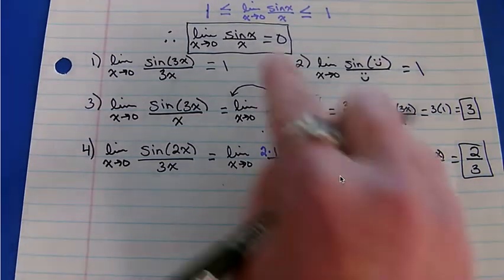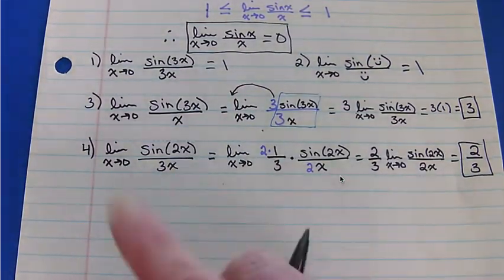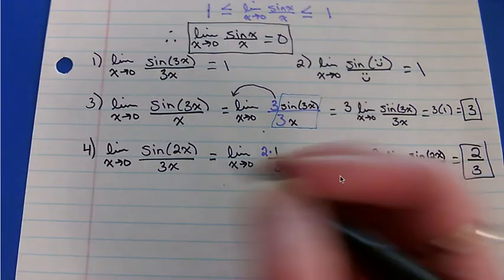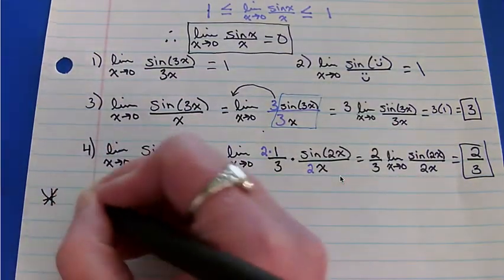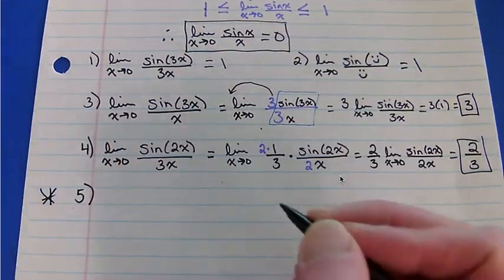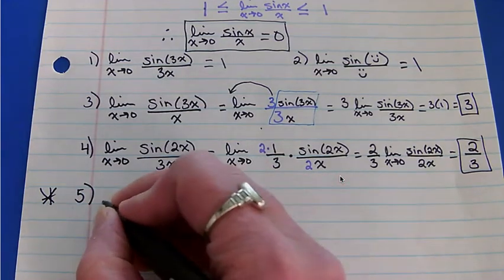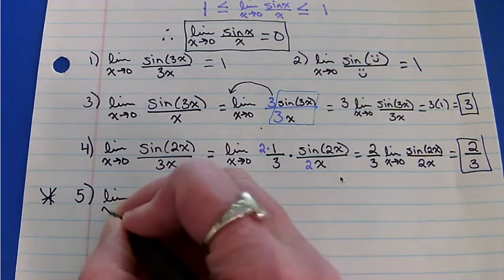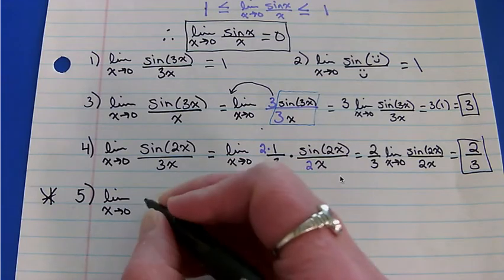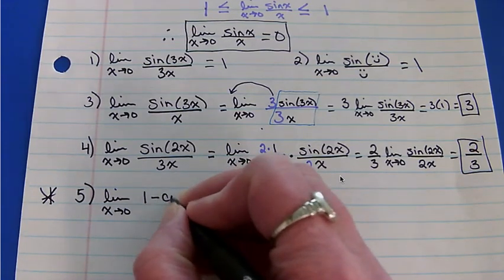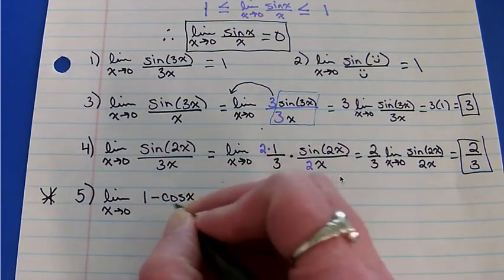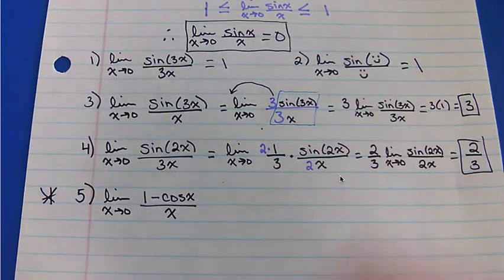Now I'm going to use this again to prove another super important limit that's worth your time to memorize. And it's the limit as x approaches 0 of 1 minus cosine x over x. Now, I could use a table, I could use a graph, but for our purposes here, we're going to do something mathy.